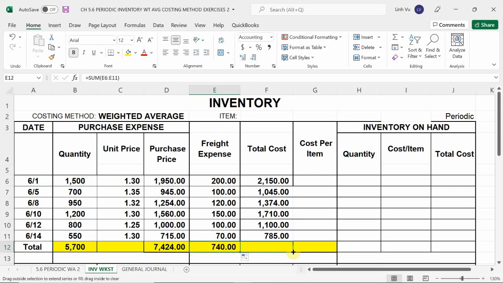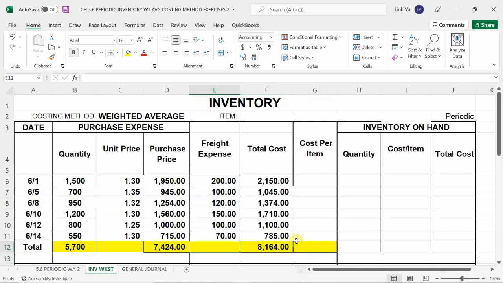You could take the $7,424 plus the 740. So it'd be 14. No, not 14. Oh, we're subtracting? No, we're adding.